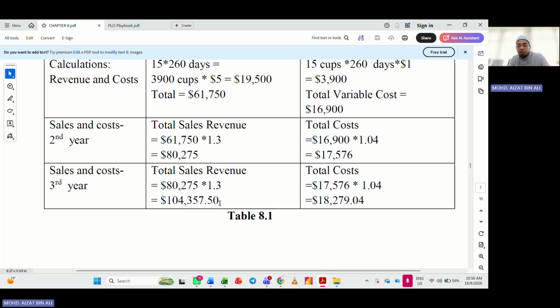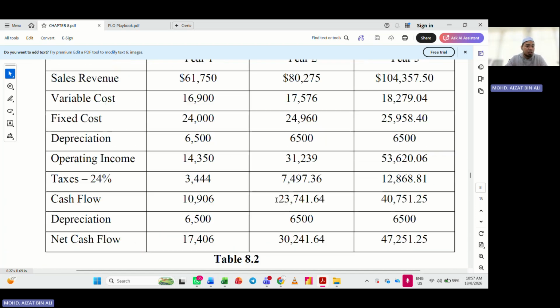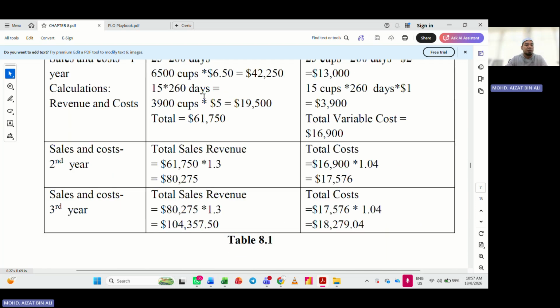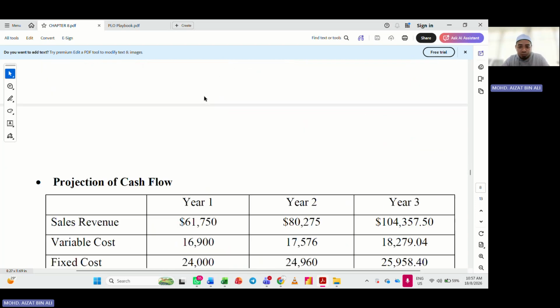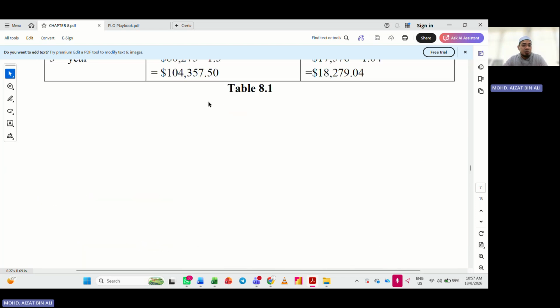You can actually do it simultaneously while you are preparing this summary. This is the end product that we would expect from you. You can calculate it here or here, but to make sure that you do not confuse yourself, we advise you to separate the calculation. So as you can see here, this is the sales revenue calculated from above.